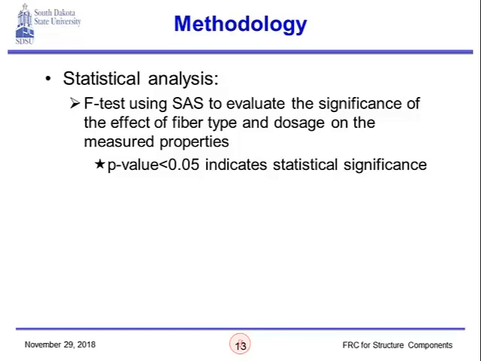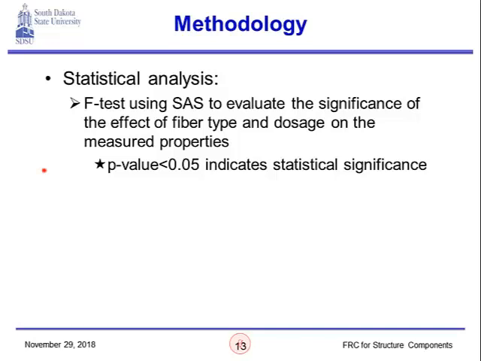And then after that, we can eliminate all of the properties that don't seem to have any changes based on the fiber dosage and type, and then we focus on the other properties, and we basically show figures, as we will see in the consecutive slides.